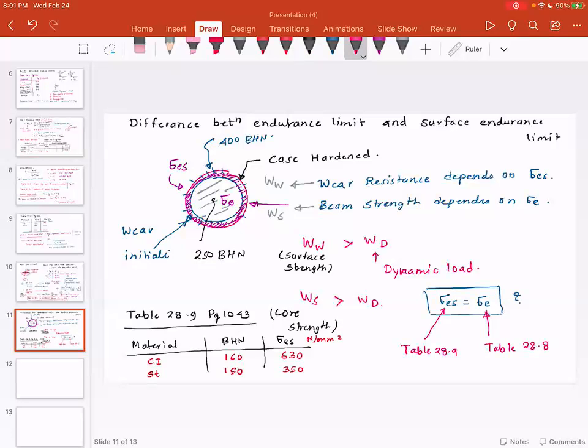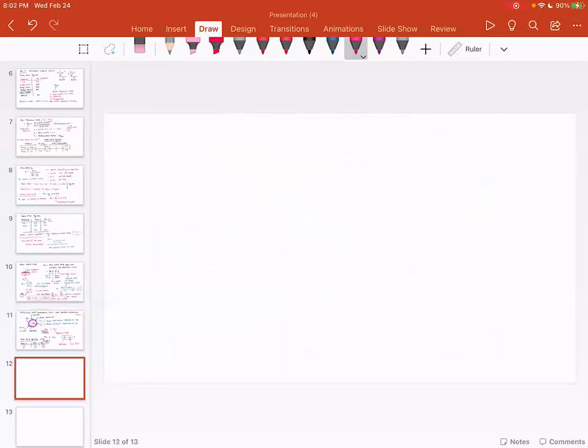So I want you to make a mental note that sigma E is responsible for beam strength, sigma ES is responsible for wear resistance, and these two tables are next to each other, but these tables are different. So what are the major failure modes in the gears?